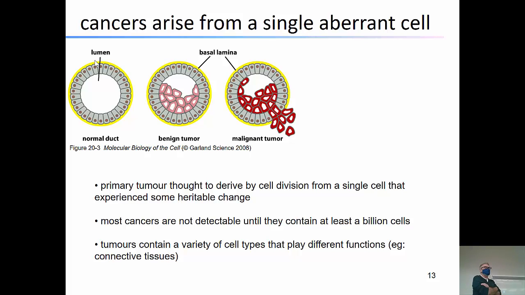And the estimate that's here is about 1 billion cells. This is a problem because the earlier we detect a cancer, the better the prognosis, the better the chances of treating it are. Okay? And so a lot of cancer research actually goes into detection.